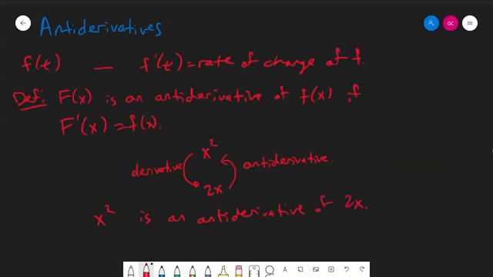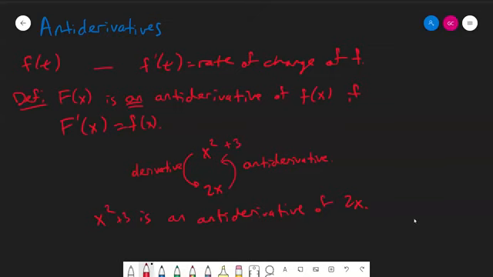Now, there's something a little bit unusual about this definition, which is the use of the word "an" here. It's not that x squared is the antiderivative of 2x, it's an antiderivative, which leaves open the possibility that there might be multiple antiderivatives. And in fact there are, because if you take x squared plus 3, it's still true that the derivative of x squared plus 3 is 2x, so therefore x squared plus 3 is also an antiderivative of 2x.